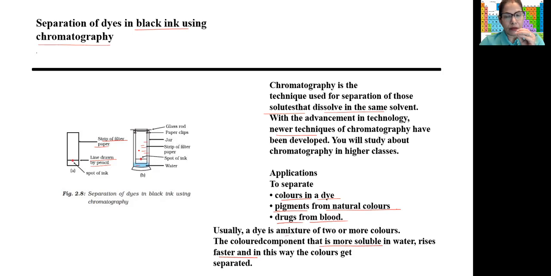When the substance with the dye is dipped in the water on a filter paper, the colors will separate out. The component which is more soluble in water will rise up first, and slowly the others also will separate. This is chromatography.